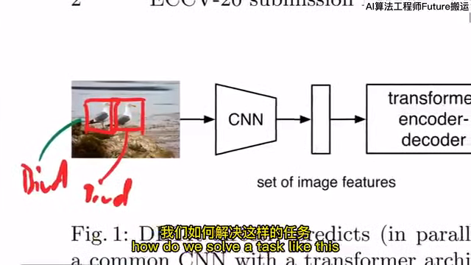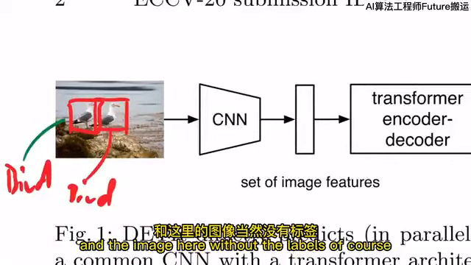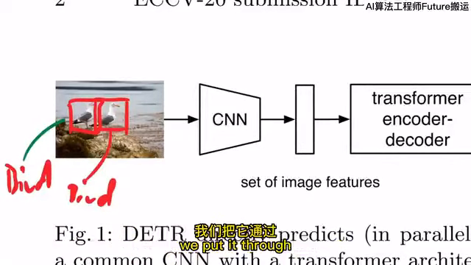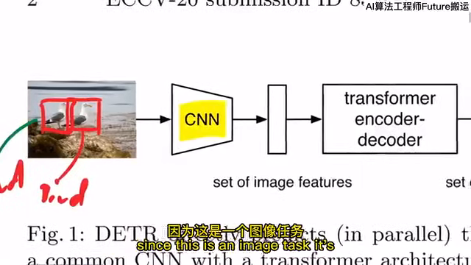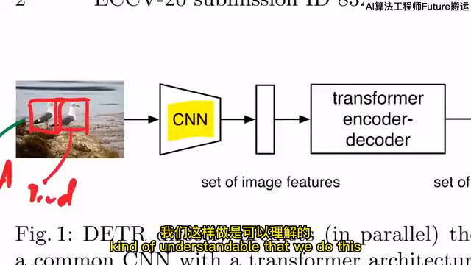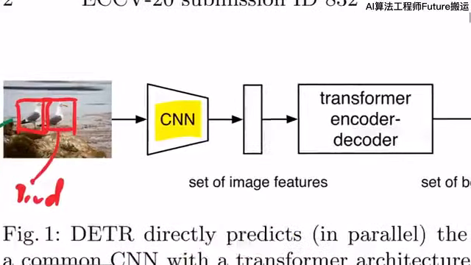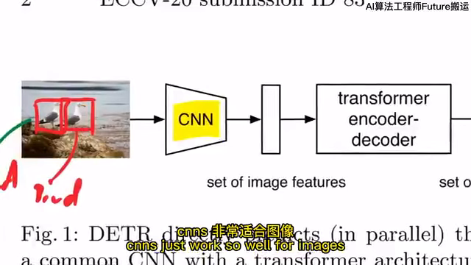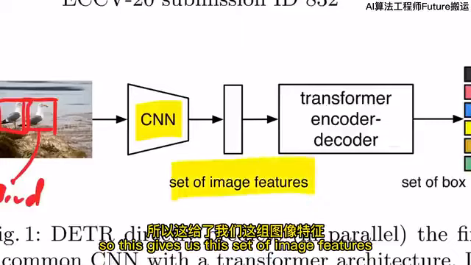How do we solve a task like this? First of all, we put the image, without the labels of course, through a convolutional neural network encoder. Since this is an image task, it's understandable that we do this, mostly because CNNs just work so well for images. This gives us this set of image features.